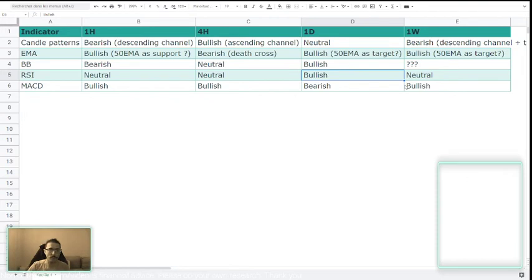On the other hand, if we look at the hourly and the 4 hours, what we see is that, at least with my expertise, it's pretty much more neutral. It's hard to decide if this is bearish or bullish, if we're going to go up or down.